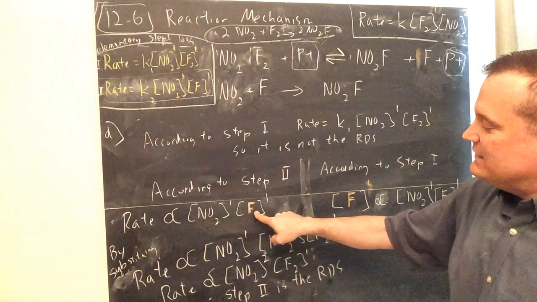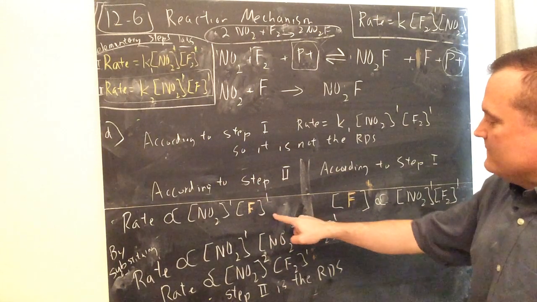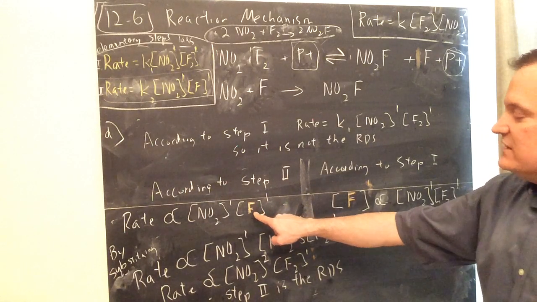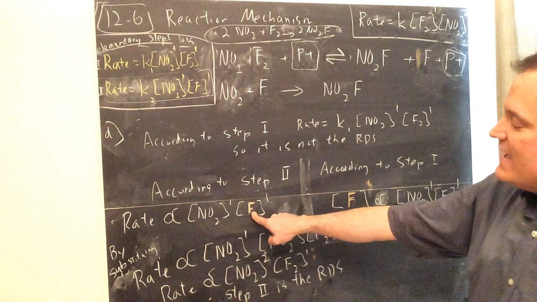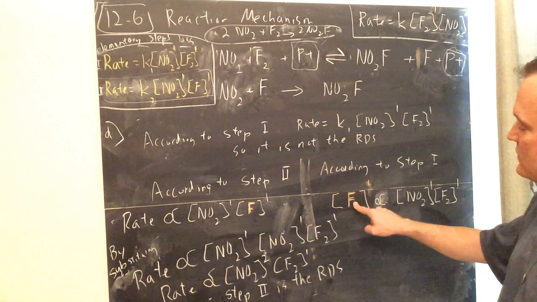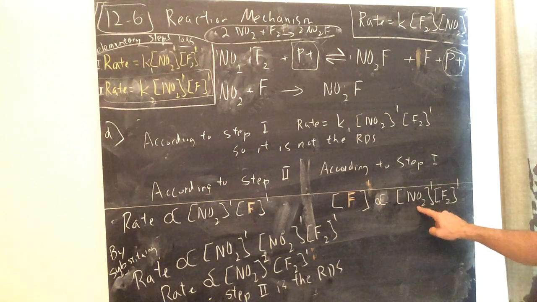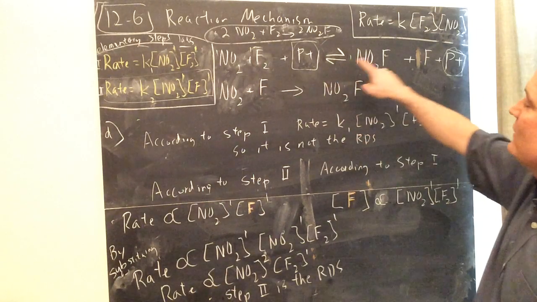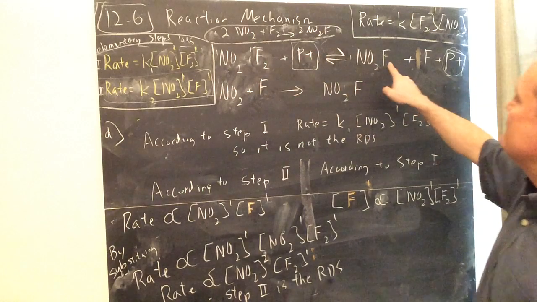And since there's an intermediate, you have to substitute it out by putting in the things that form this. The first order formation of F was dependent on first order NO2 and first order F2 according to step number 1 right here. One of these and one of those gave you that.